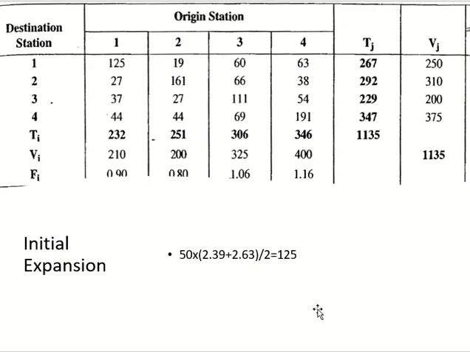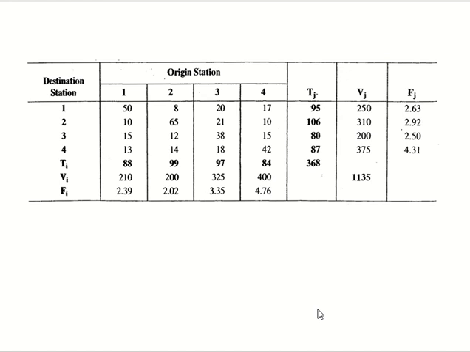For example, 50. Now look here, the first value is how much? 50, right? What is the factor for the first column? 2.39. What is the factor for the first row? 2.63.